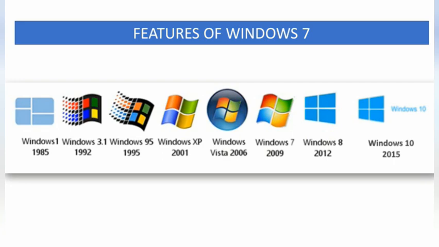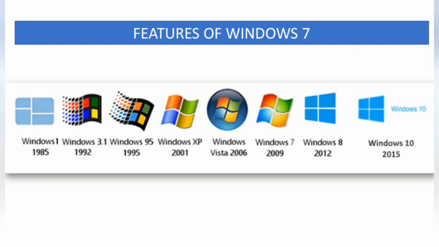Windows is a graphical user interface, that is called GUI, between a computer and its user. Features of Windows 7. The first version of the Windows operating system was Windows 95. Since then, many versions of Windows have been released.